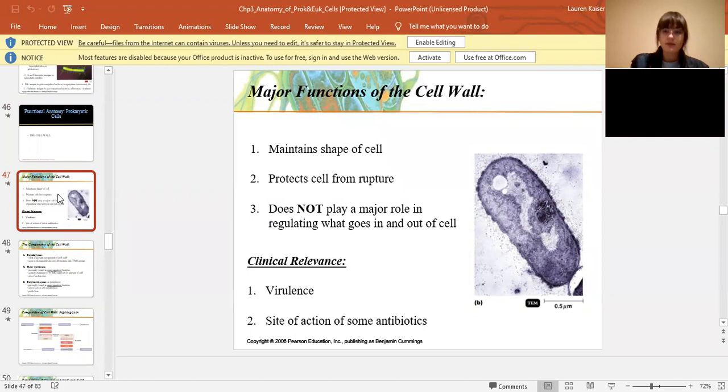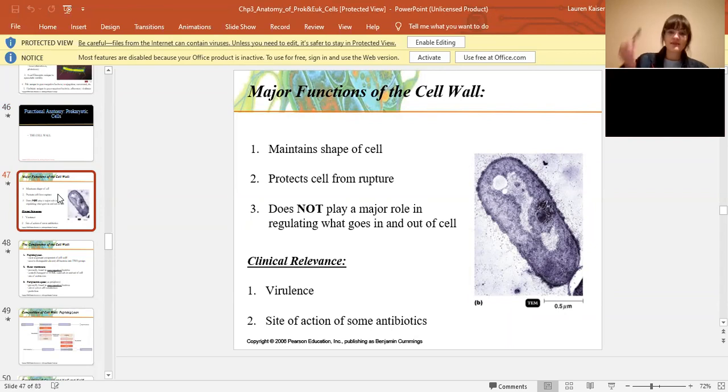If we didn't have our skin, we would just be sacks, right? Our meat would fall off our bones. So we don't want our cells' meat to fall out of its bones, I guess, if that's a good analogy. But the cell wall doesn't regulate what comes in and out of the cell. Remember, that's going to be the membrane.